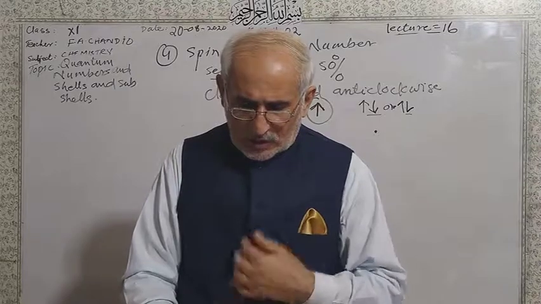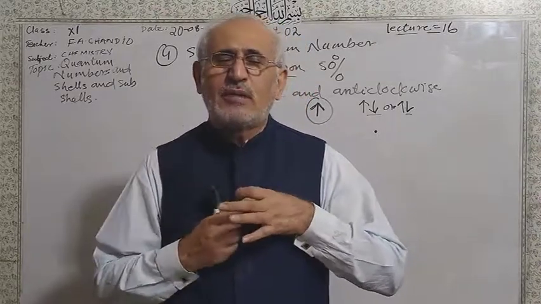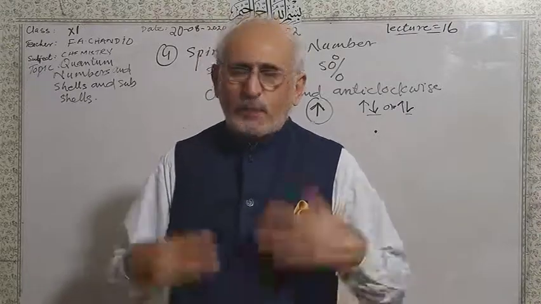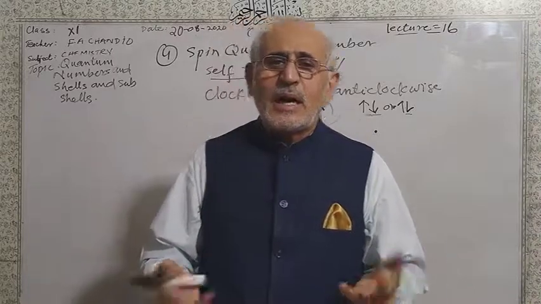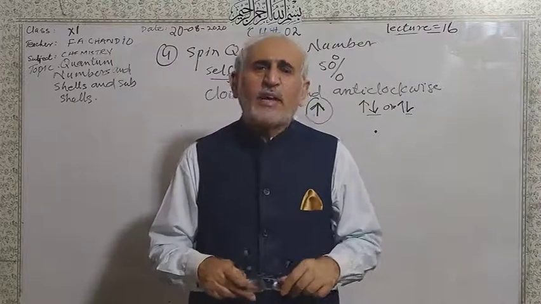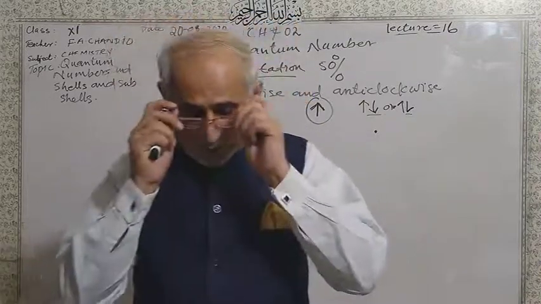The circular path in which electrons revolve around the nucleus is called a shell. And the space around the nucleus where the probability of finding an electron is maximum, 95%, is called an atomic orbital.